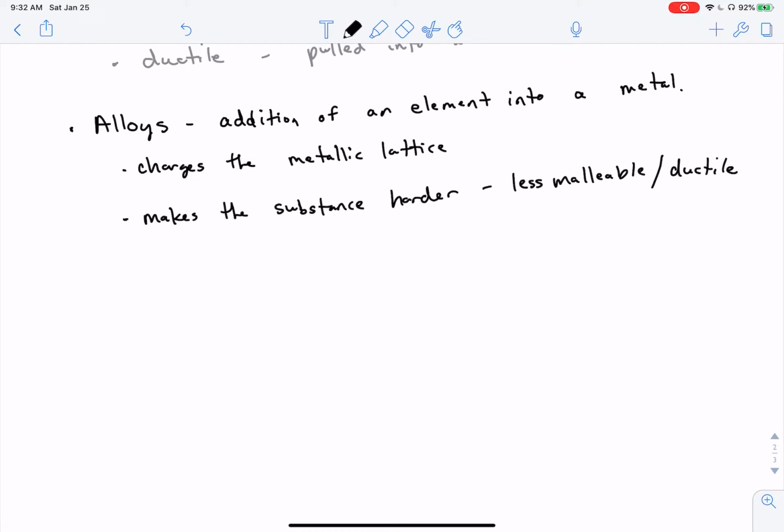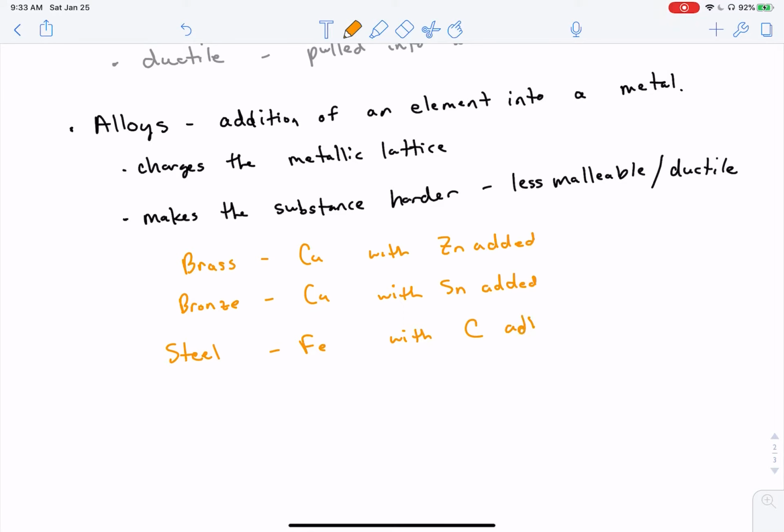I don't think we need to know all these examples. I'll write down a couple just in case. So brass is mainly copper with zinc added. Bronze is copper with tin added. And steel is iron with carbon added.